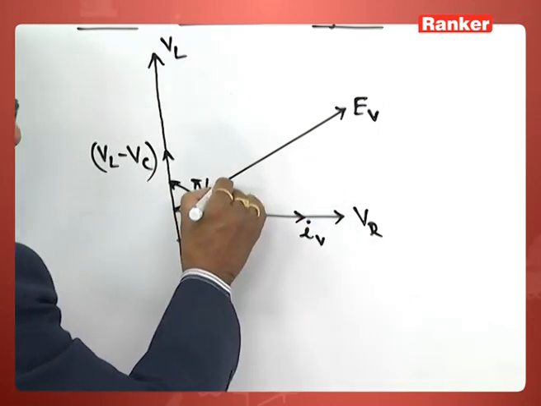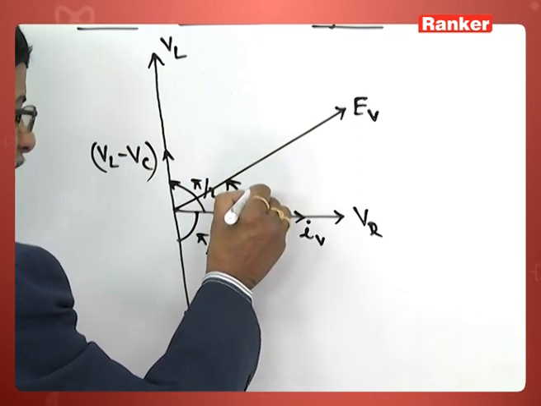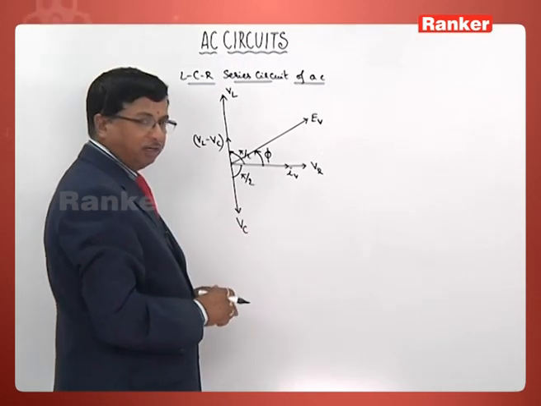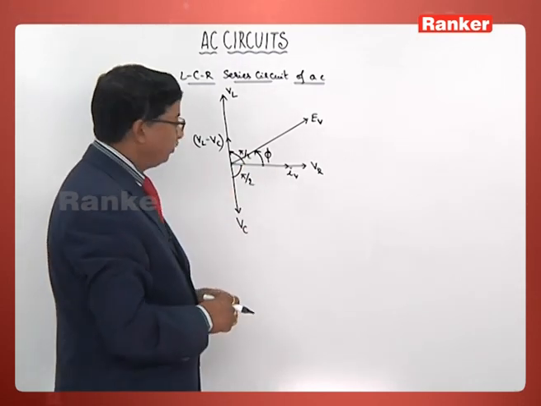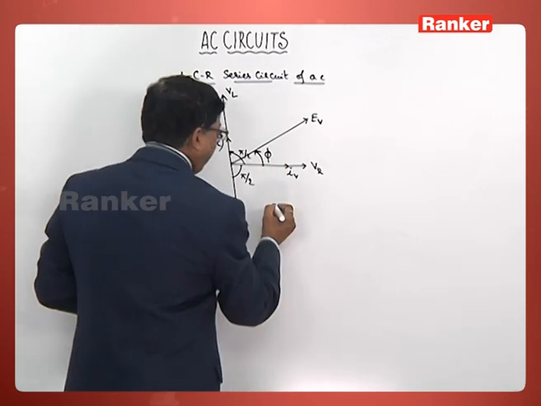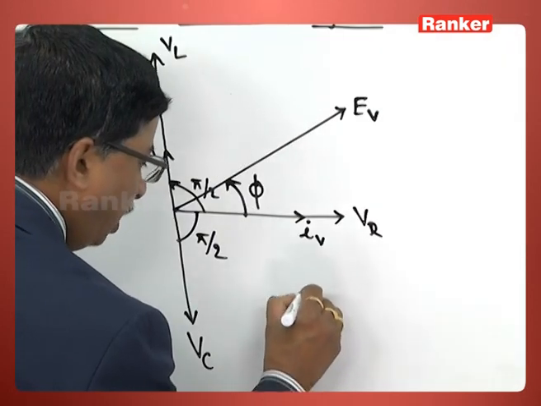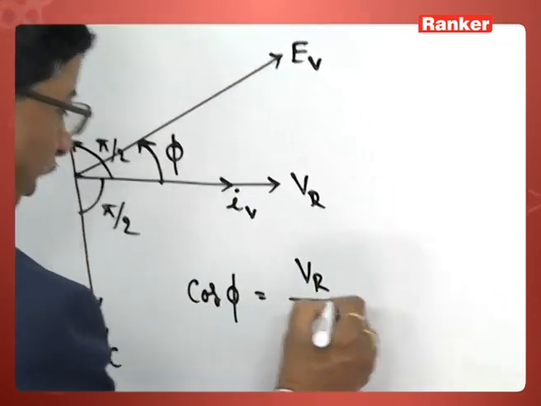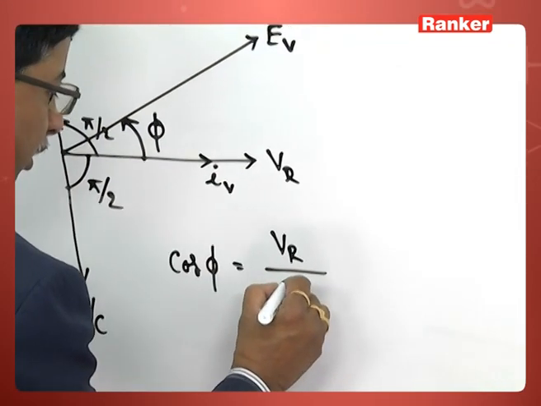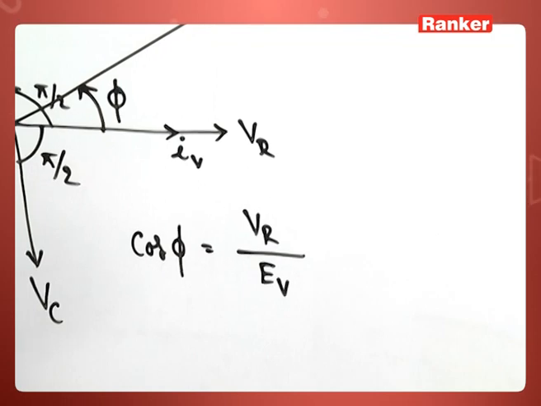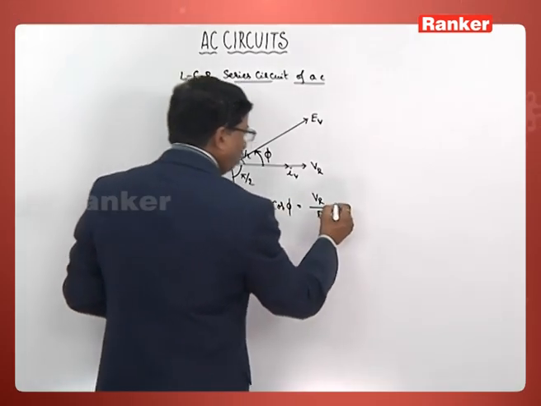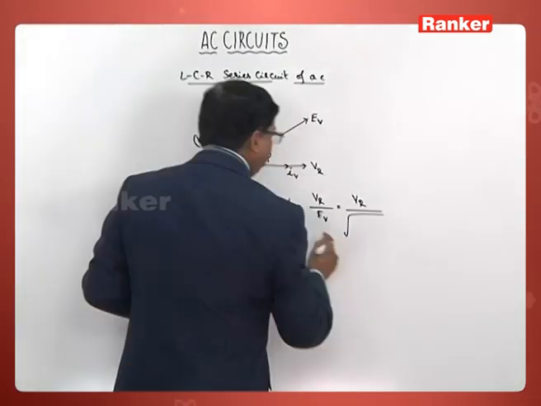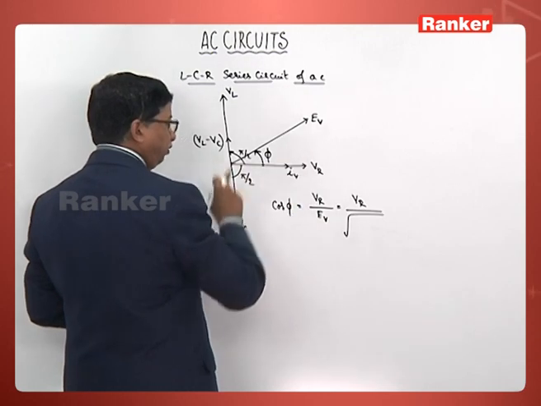That means if I consider this angle, what this virtual value is making with the direction of current, as phi, then this power factor cos phi now can be written this way: adjacent value, that is VR, divided by hypotenuse over here, that is the virtual value of EMF. But again we all in fact know this VR divided by root over, what will be the value of virtual EMF here?